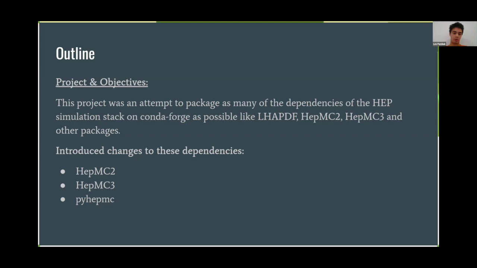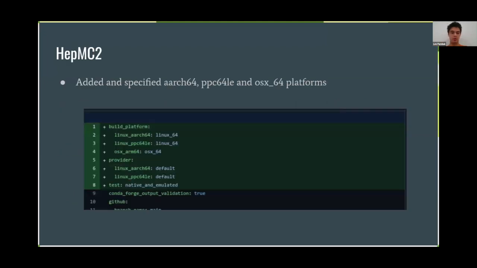So during this project, changes were introduced to packages like HepMC2, HepMC3, and pyhepmc. So to begin with, for HepMC2, we added new build platforms like aarch64, ppc64, and also osx-64.